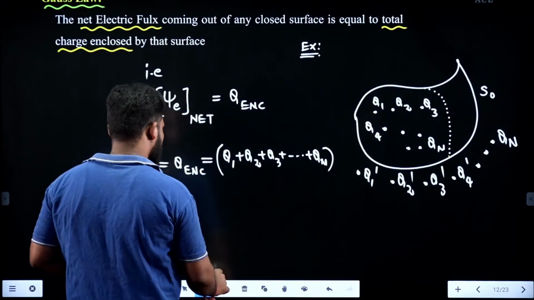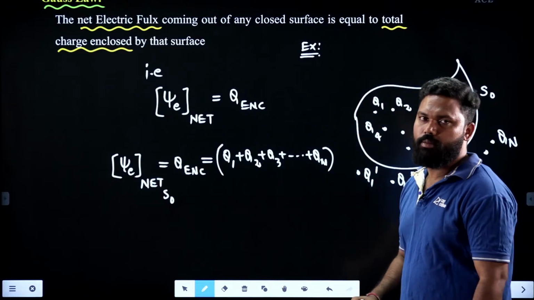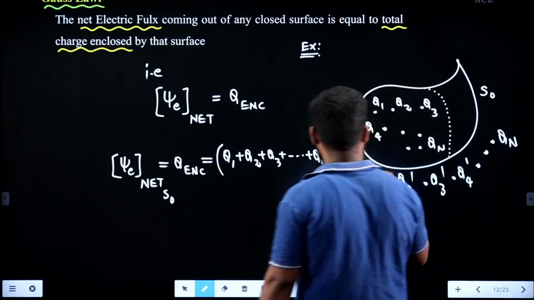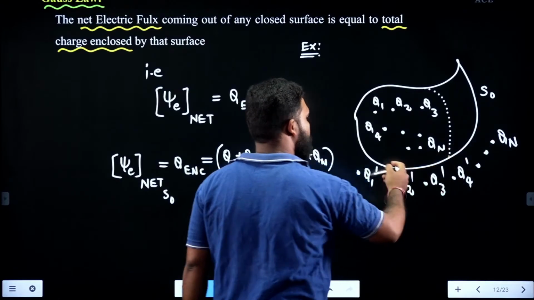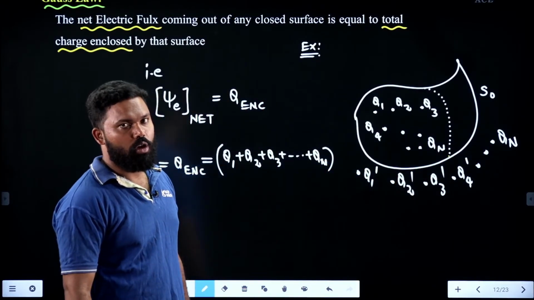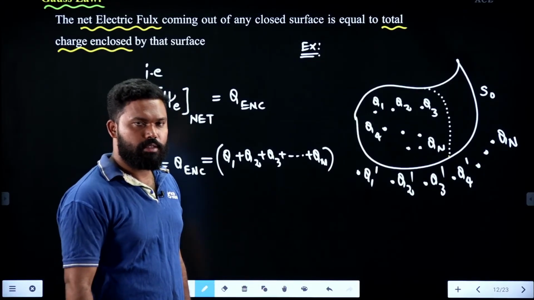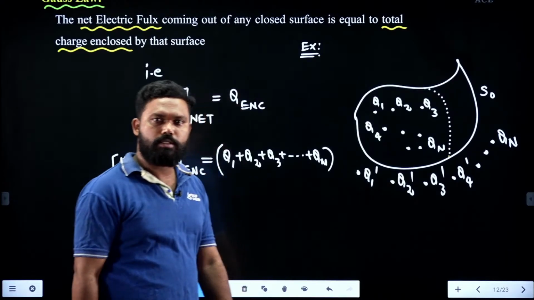Then one can ask, why like that? How can you interpret this? To put it in simple words, if the charge is outside and you are not considering it, are those charges not giving any flux? Undoubtedly, each and every charge will be associated with some flux lines. But the Gauss law talks about net flux.